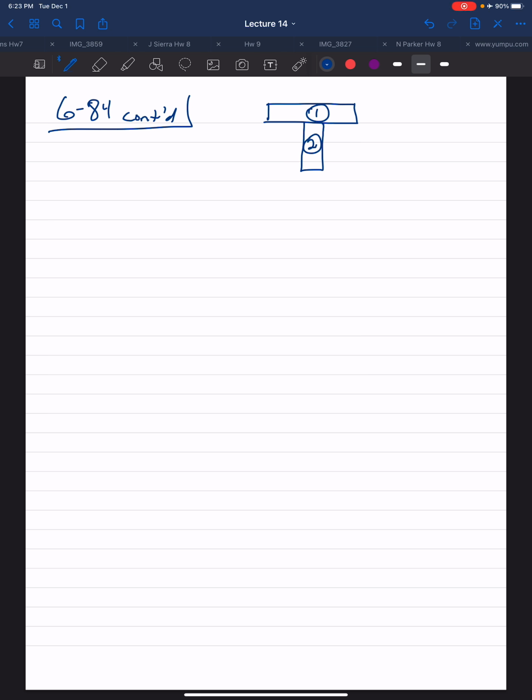Segment 1, segment 2. It's 20 millimeters, 50 millimeters, 50 millimeters. All right, 20 millimeters.